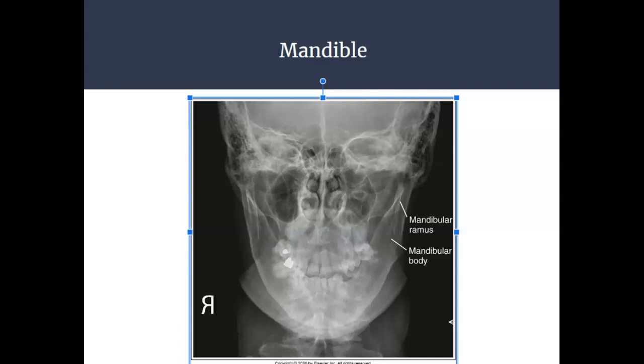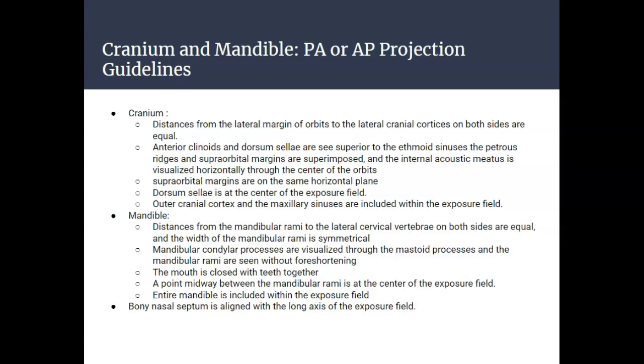When positioning for the mandible, we still want that OML aligned perpendicular to the IR. However, our central ray will exit the acanthion rather than the glabella. I have included those image analysis guidelines for you here.